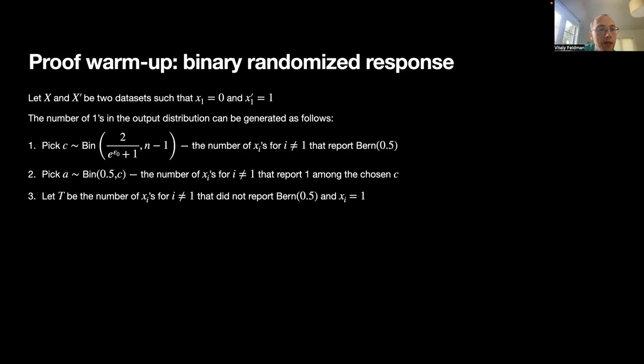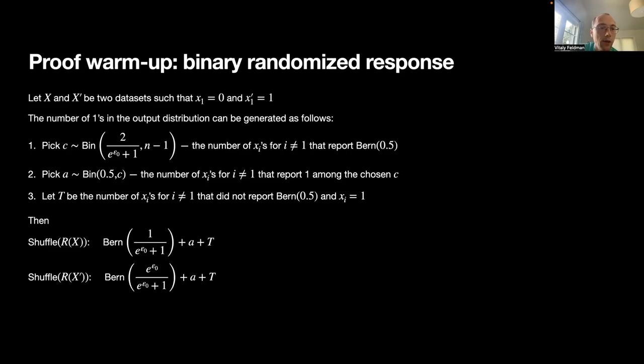Now, having sampled these variables, we can see that the distribution of ones, when we shuffle the reports, is distributed as follows. The first element will report 1 with probability given by this Bernoulli, which randomizes the 0. So we'll output 1 with probability 1 over e to the epsilon plus 1.